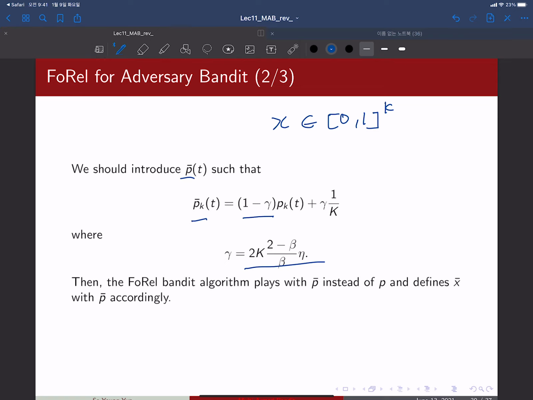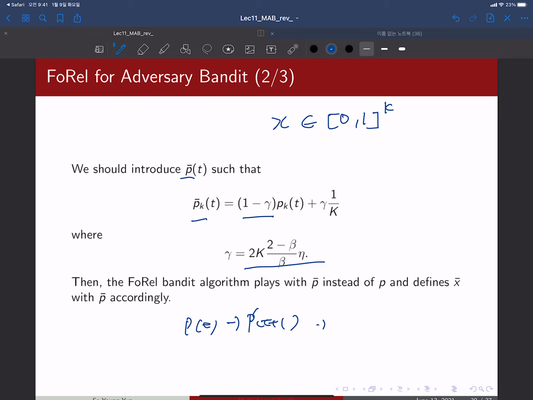Okay, and then the Adversarial Bandit algorithm plays with p bar instead of p, and defines x bar with p bar accordingly. Which means we keep the pt value all the time. That is the same. We update p prime t plus 1 from pt.